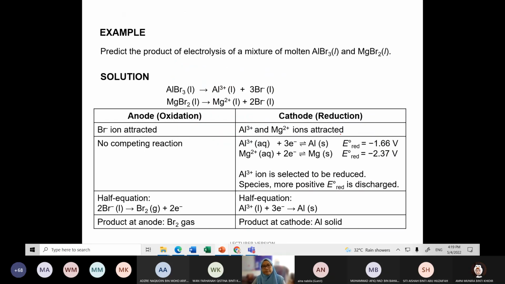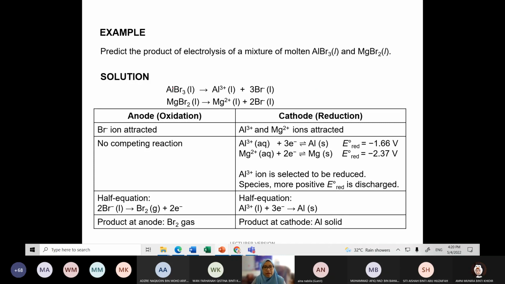Okay, all right. Predict the product of electrolysis of a mixture of molten aluminum bromide and magnesium bromide. So in this, kalau you nampak L dekat situ, it represents the molten state of the salt ataupun metal. Okay, so liquid selalunya kita represent untuk water kan, tapi we do have liquid state for salts and also metal.